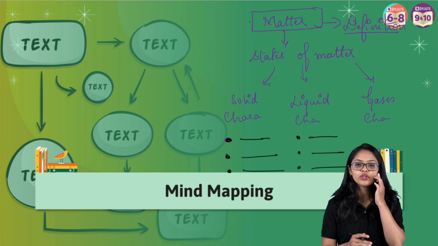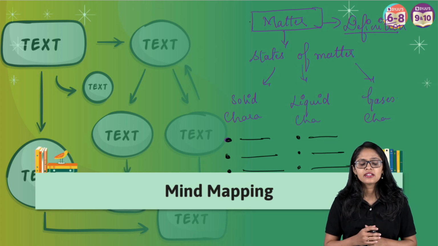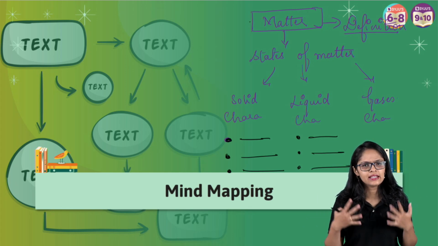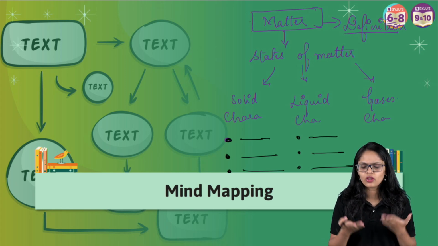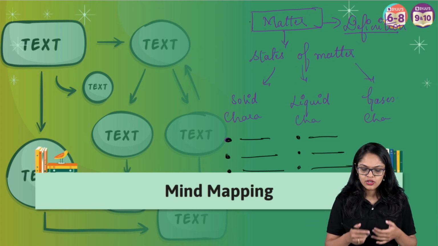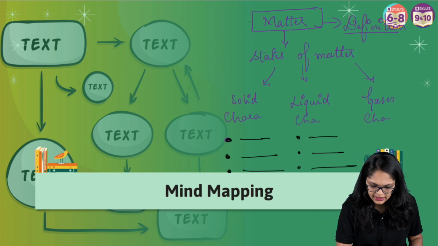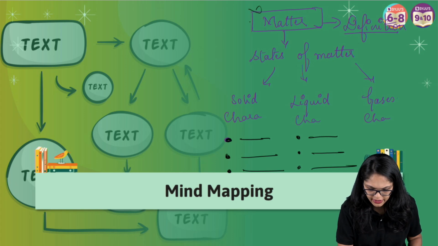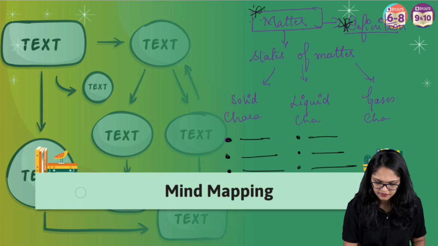So this is what you call a mind map, right? Now, how exactly does this help in recalling? You use different colors. You use crayons to paint it over. Oh, this is important, I need to highlight this. What is the definition? Okay, let me highlight it using a different color.